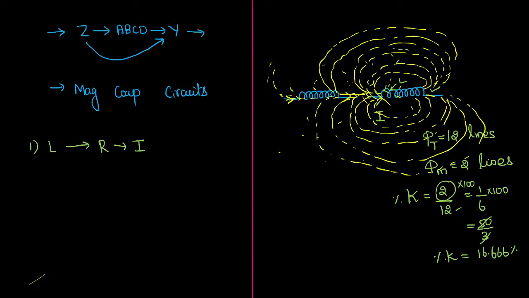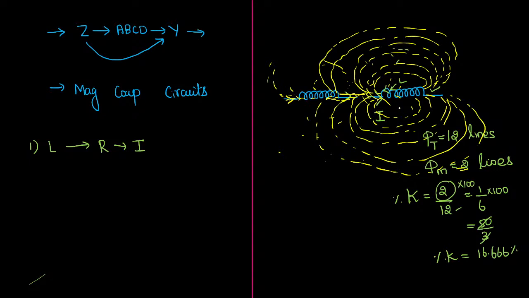Let me take this line a little here. So just assume that two lines are crossing here. So totally we have injected, in the last case I think, 4 lines. I haven't observed the opposite side, only I have counted 2. But anyway, it doesn't matter, just to understand the concept. Just see how many lines are linking with this coil, that is the primary coil, when we are injecting the current through the secondary coil.